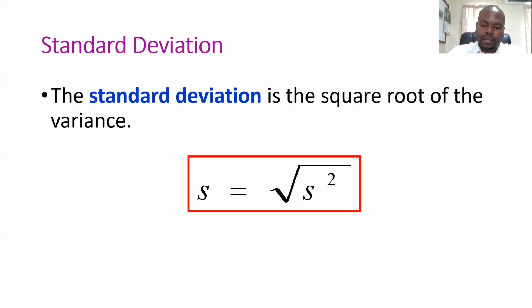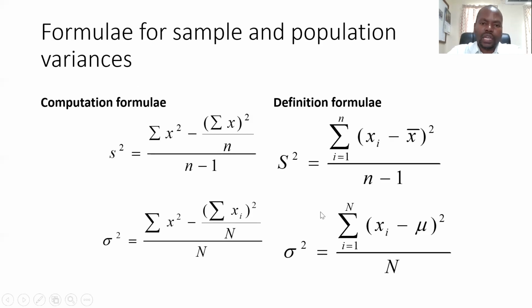Now, if you look at what we have here, when you compute and get your answer for the population variance, you are going to get units squared. So if it's a distance in kilometers, you're going to get square kilometers, or square meters, or square seconds, square minutes, square hours.